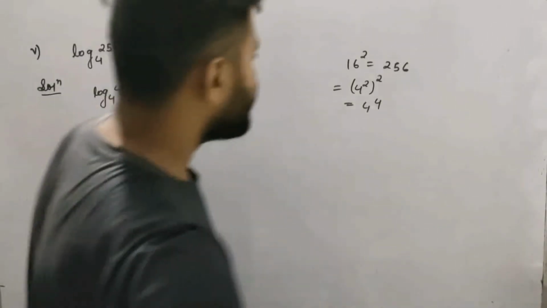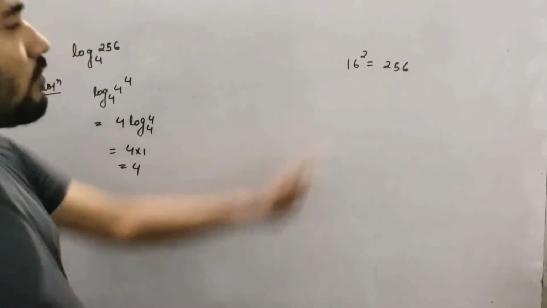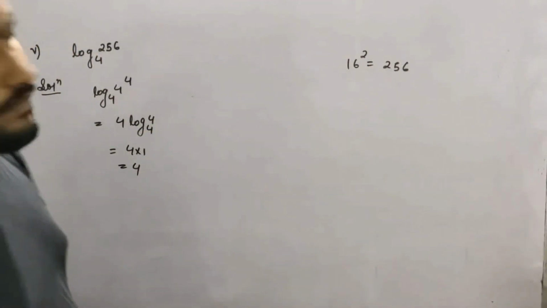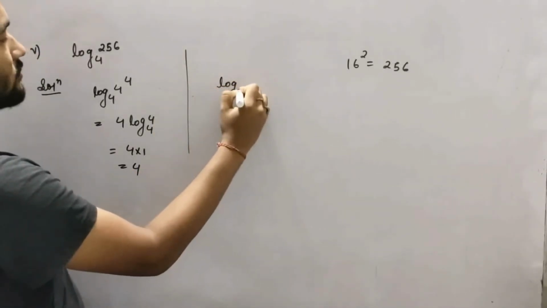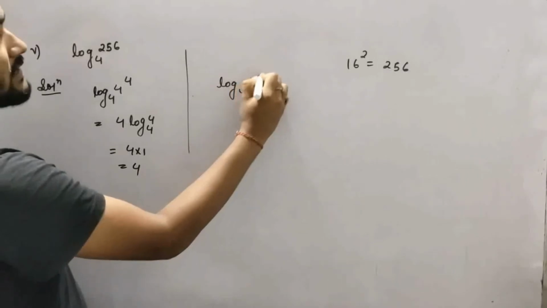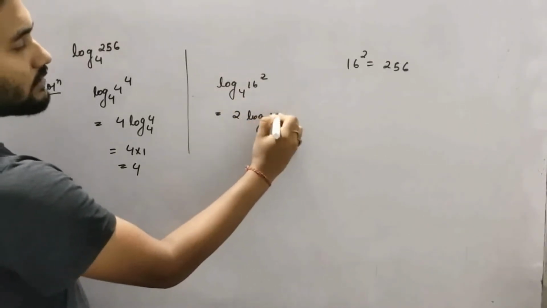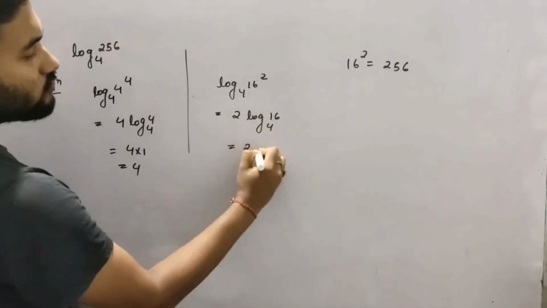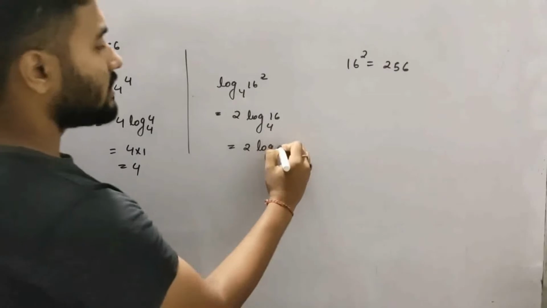Now, suppose you don't know 4 to the power 4, you only know that 16 squared is 256. Then you write log 16 squared base 4. The 2 will come to the front, 2 log 16 base 4. Now 16 you know is 4 squared.